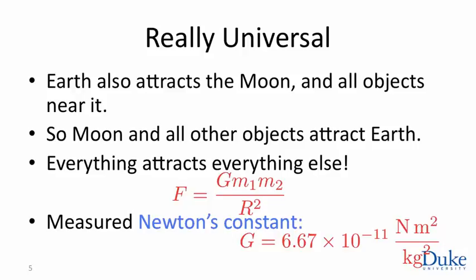So he can actually measure the distance and the masses and find the force and extract a value for g. And g is in the units that are convenient to us, given by this number, 6.67 times 10 to the minus 11 newtons times meters squared per kilogram squared, so that when you multiply it by two masses, kilogram squared, divided by meter squared, you get a force in newtons.